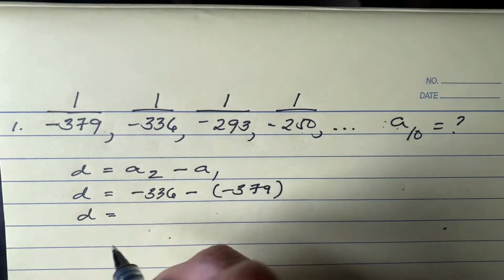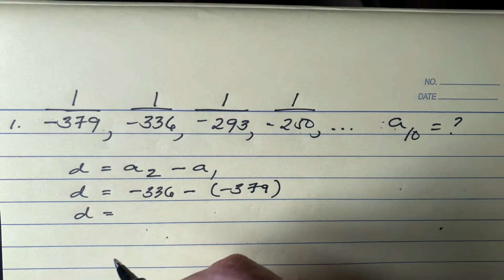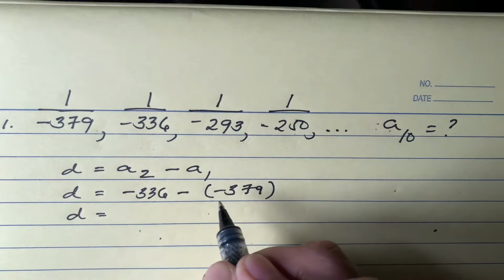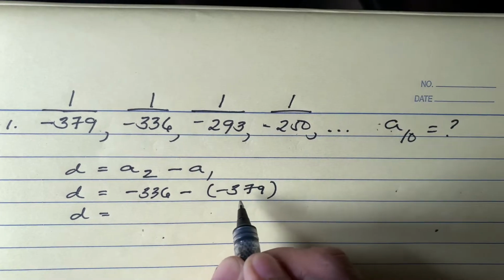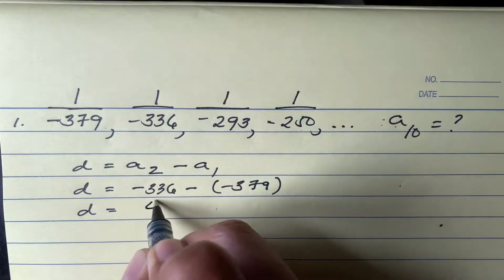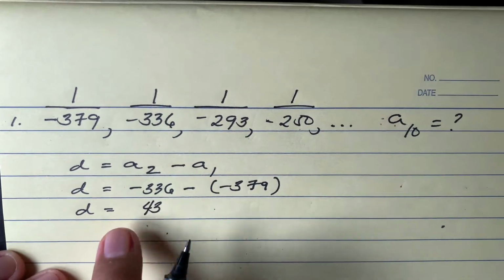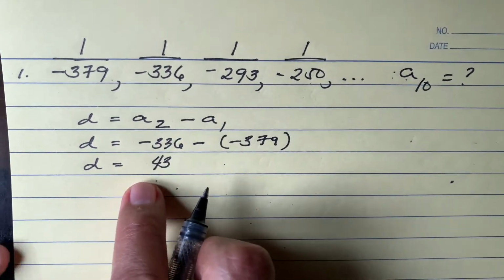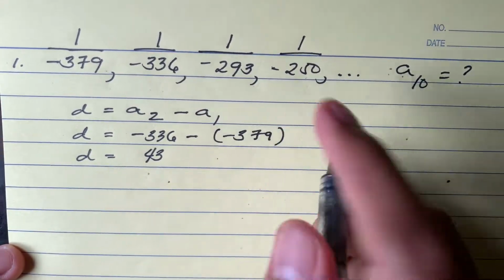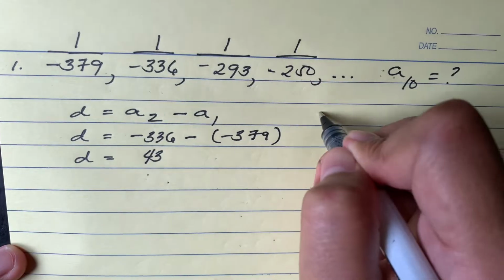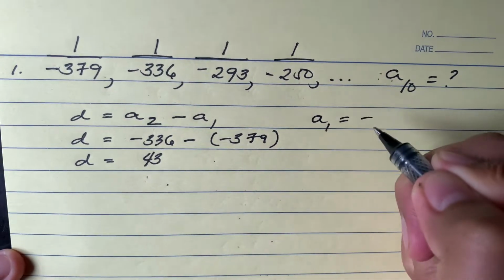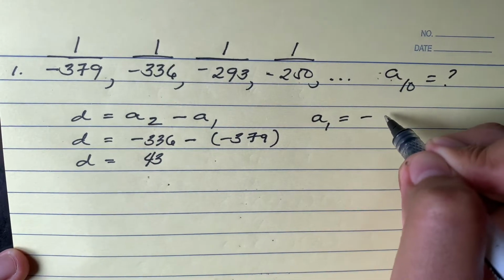So negative 336 minus negative 379 is equal to 43. That's now the common difference. And our a sub 1, of course, is negative 379.